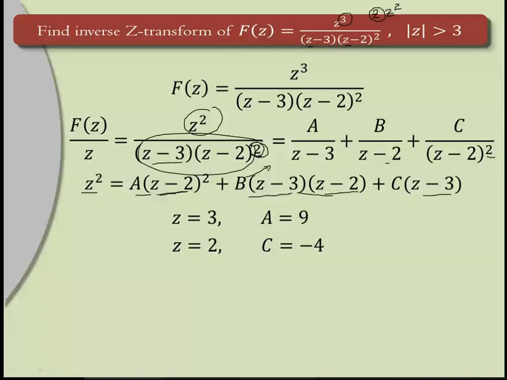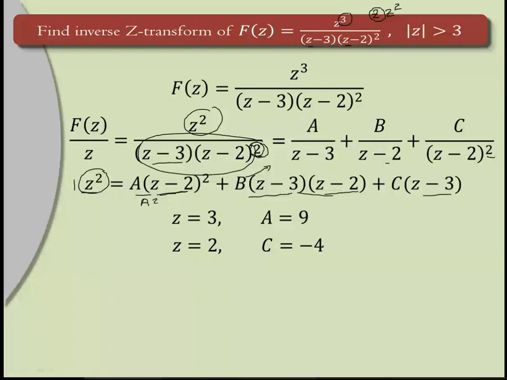Now, what is the coefficient of z square on left hand side? Nothing is there, means it is 1. Now, if you open this bracket, then what we get? Z square minus 4z plus 4. So here z square is multiplied by a, so we get a z square.